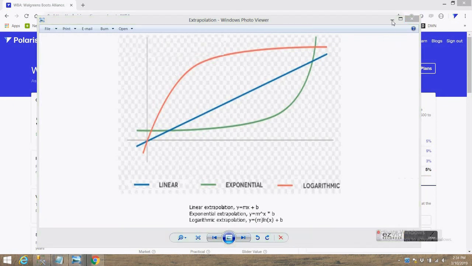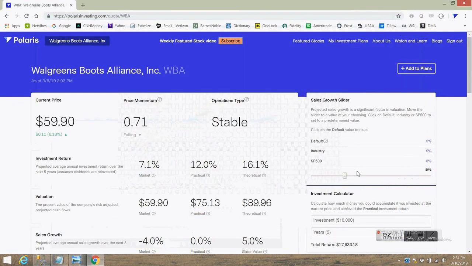One last thing I want to mention is let's not forget that Power of the Site is doing what-if analysis: moving the slider around, seeing how it impacts the theoretical valuation, and then the resulting practical valuation and practical investment return you get from that.